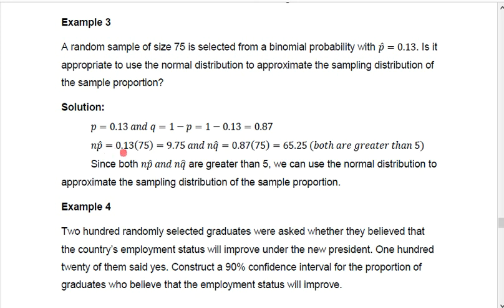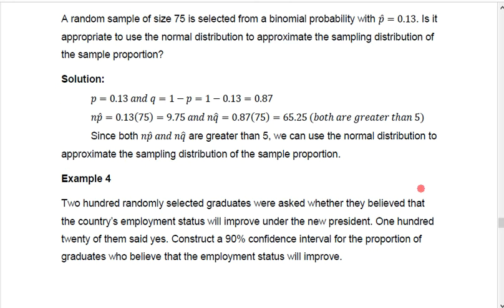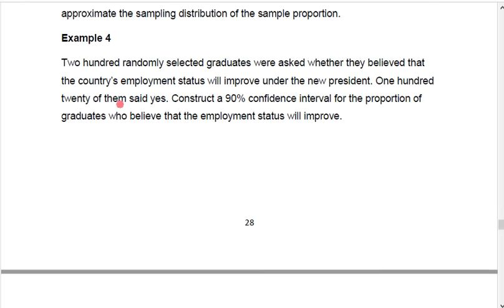And np is equal to 0.13 times 75. That would be 9.75. And nq is 75 times 0.87. That would be 65.25. Both are greater than 5. Since both np and nq are greater than 5, we can use the normal distribution to approximate the sampling distribution of the sample mean.